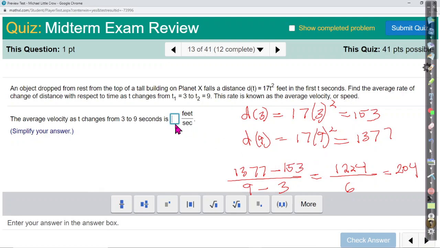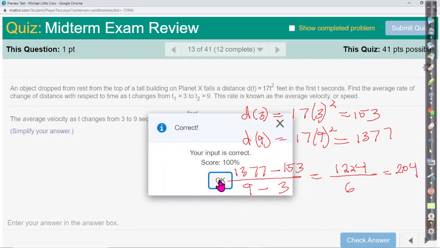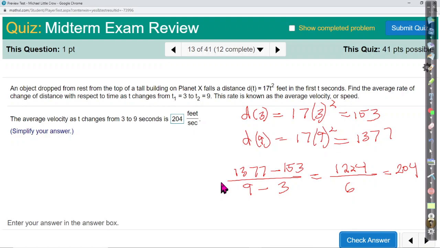I would say it should be negative because it's going towards the ground, but after 3 seconds, it's fallen 153. It's falling more. Average velocity or speed. Now, speed doesn't have direction. Let's check it. So it's kind of confusing to think dropping would be like a negative because you're getting closer to the ground, but it's not measuring from the ground, it's measuring how far it drops, so it's measuring from the location on the building.